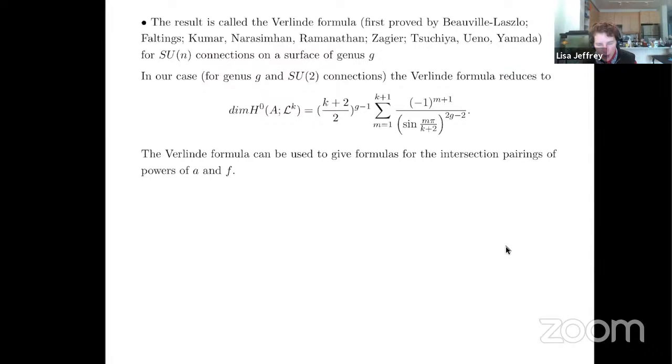In our case, the formula winds up being this trigonometric expression. And this formula can be used, as noted above, to give formulas for the intersection pairings in powers of A and F.